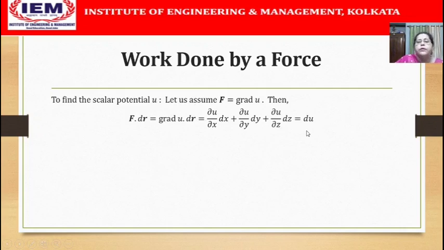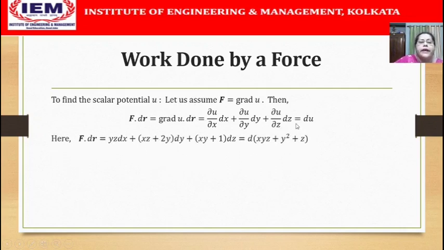And let us now use the expressions for F. So we put the components of F and dr over here. So we get this as yz dx plus (xz plus 2y) dy plus (xy plus 1) dz. And if we look carefully, we can write this as d of (xyz plus y square plus z).